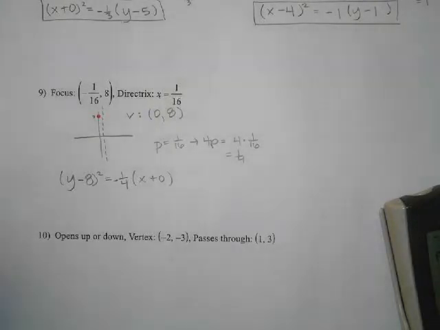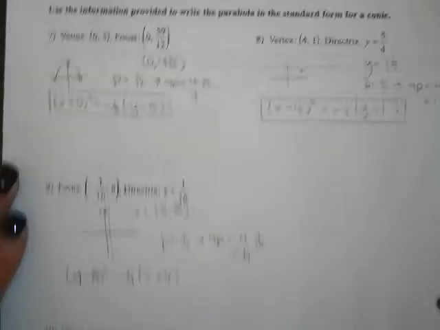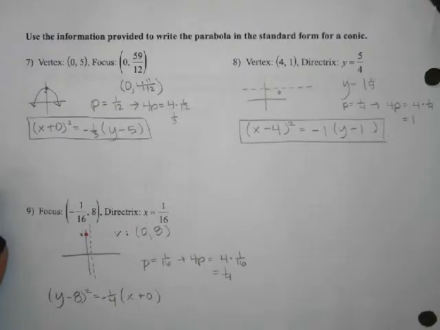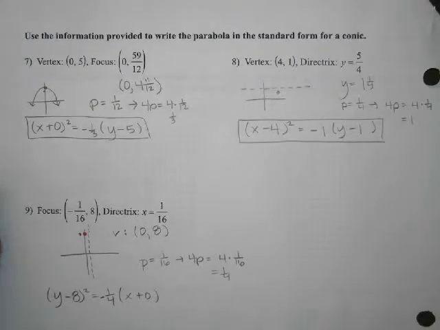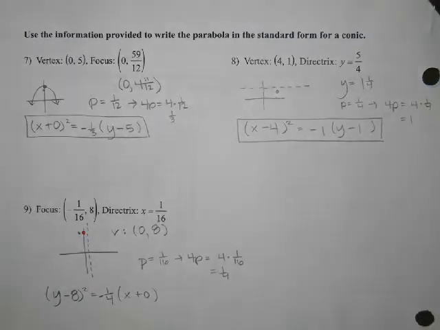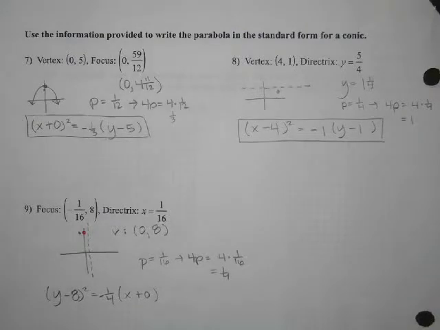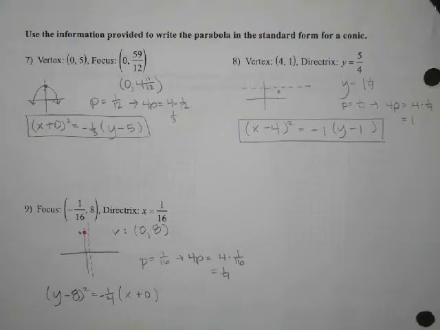So have you guys noticed we've basically done the same process 3 times, even though they were all different? What's our process? We have to find a p-value, right? P-value is important. What else is important?